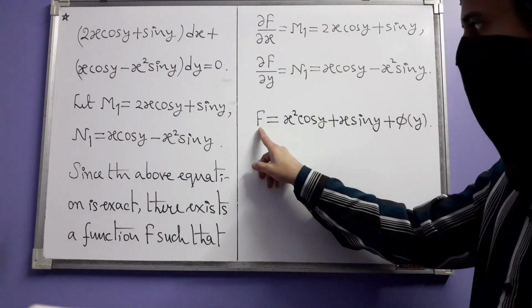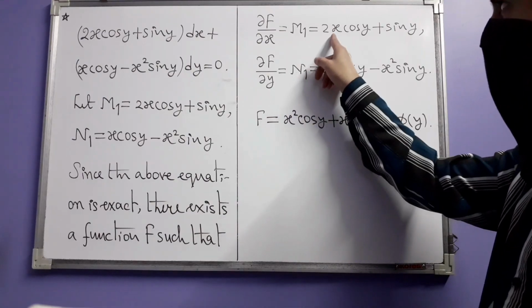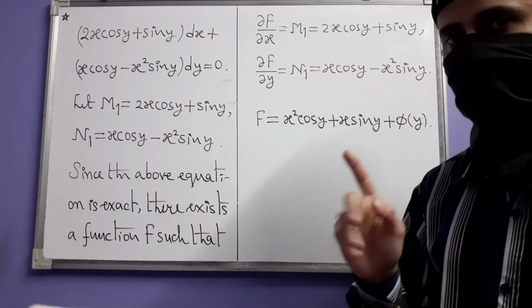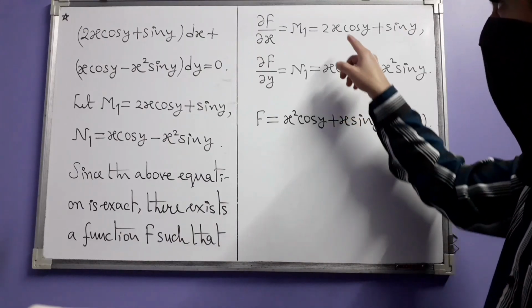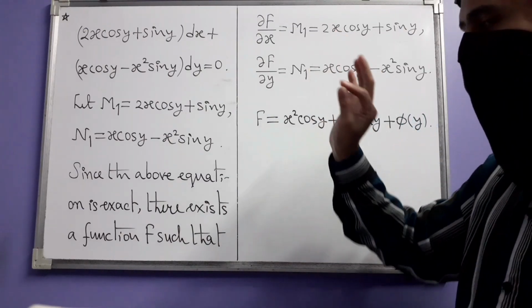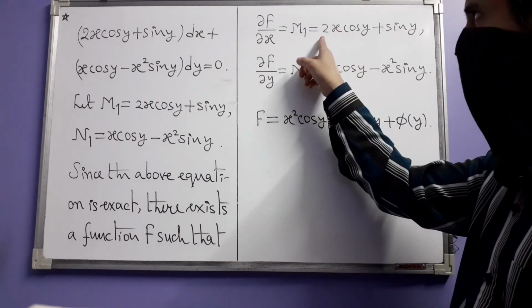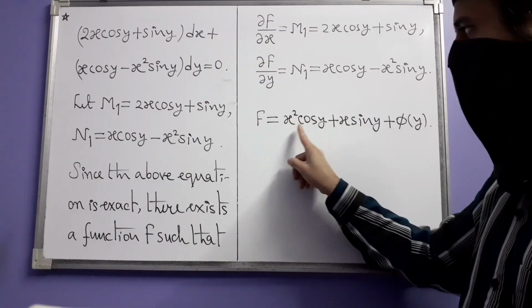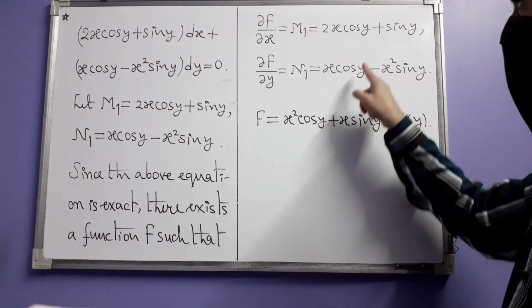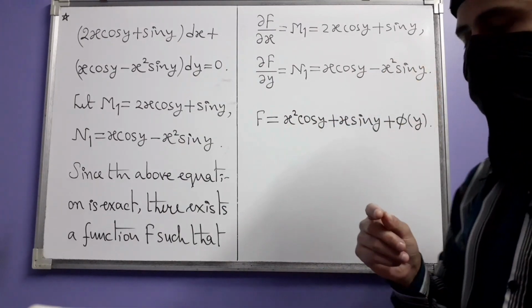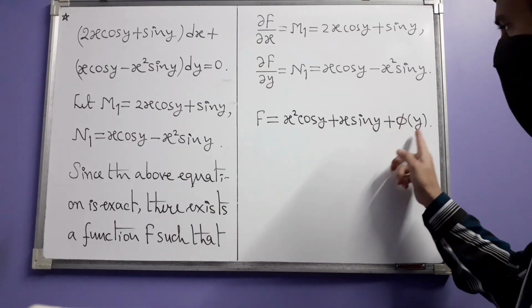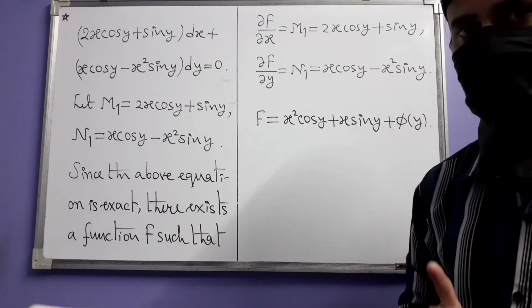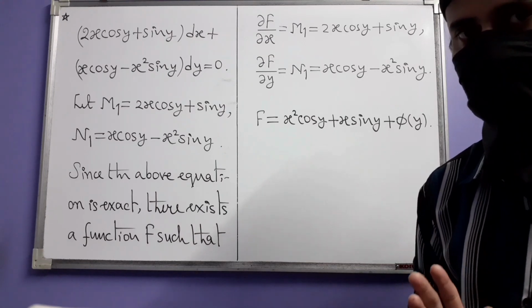So the left hand side will be F, and on the right hand side, y is constant because we are integrating with respect to x. So x gives you x²/2, but already there is a 2, so you are getting x² cos y. Similarly, this sin y term, which is constant, gives you x sin y, plus φ(y), where φ is an arbitrary function of y.